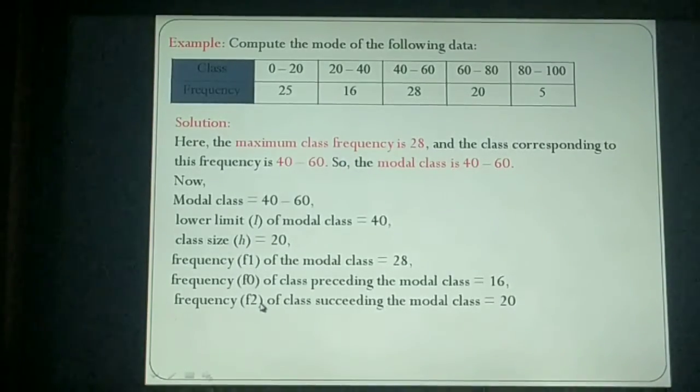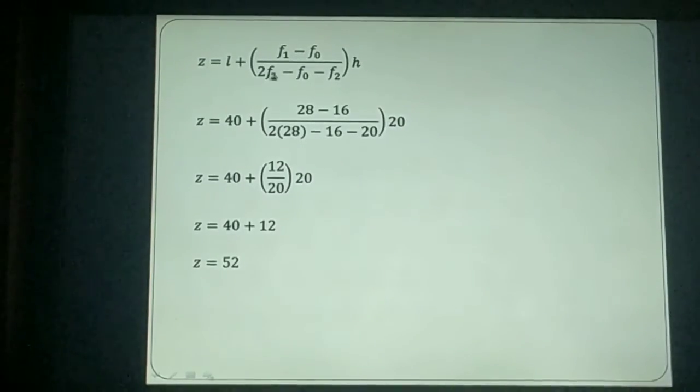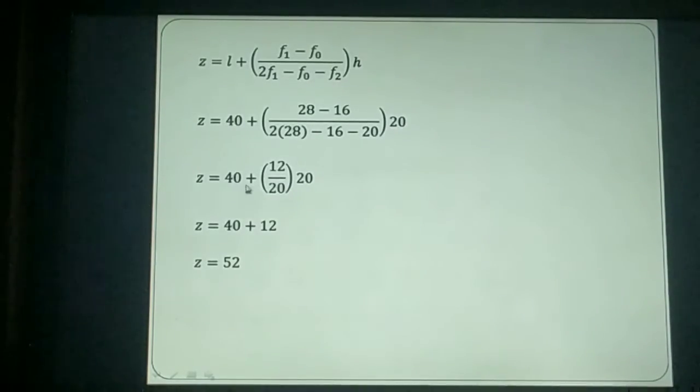We put all these values in the formula: Z is equal to L plus (F1 minus F0) upon (2F1 minus F0 minus F2) into H. So Z is equal to 40 plus (28 minus 16, which is 12) upon (28 into 2 is 56, minus 16 minus 20, which is 20) into 20.